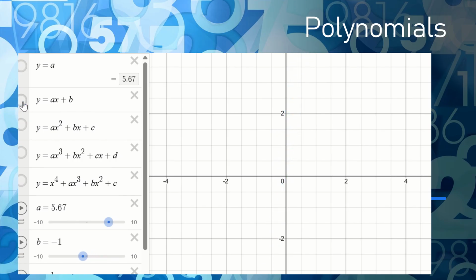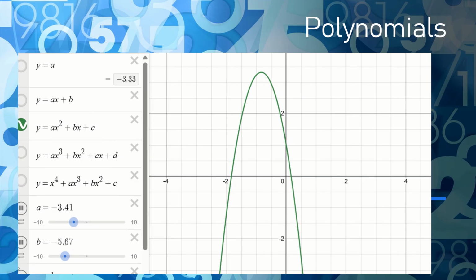Now, quadratic, the power is 2. The degree is 2. And so therefore, the max number of bumps I can have would be 1. So I can turn these on, and these things can move around.